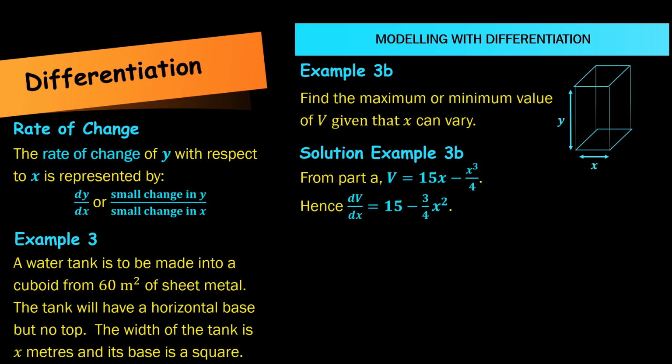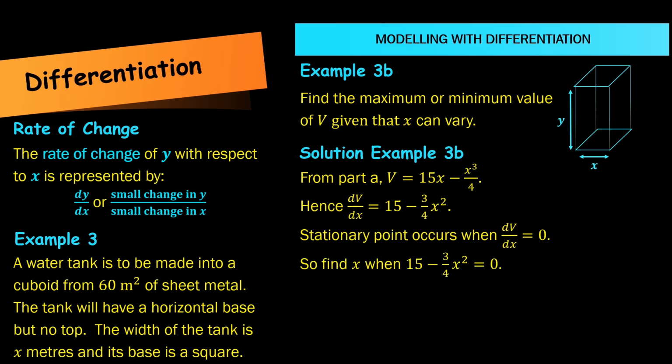So differentiating gives us this expression for dV/dx. And of course the stationary points occur when dV/dx equals 0. So we are therefore required to find x when 15 minus 3/4 x squared is equal to 0.